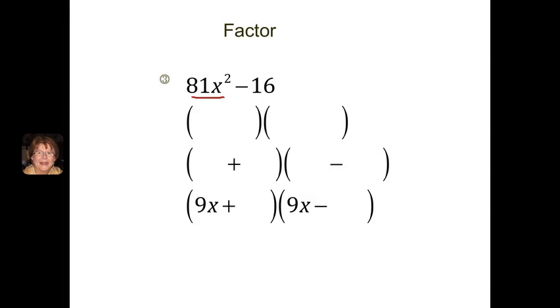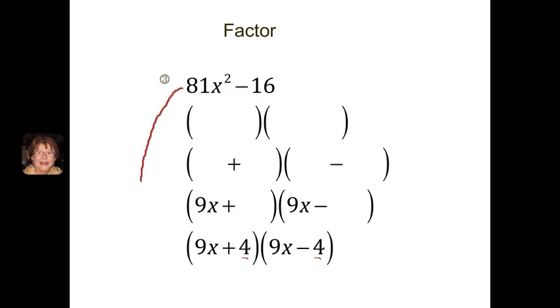The square root of 81x squared is 9x. That is the first term in each factor. Then find the square root of 16. The square root of 16 is 4. That is the second term in each factor. So the factors of 81x squared minus 16 are 9x plus 4, 9x minus 4.